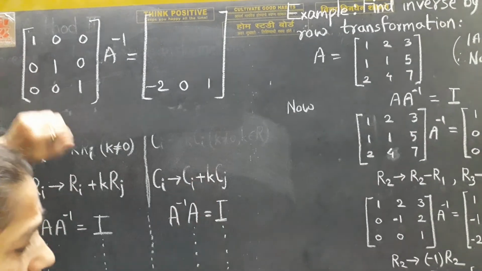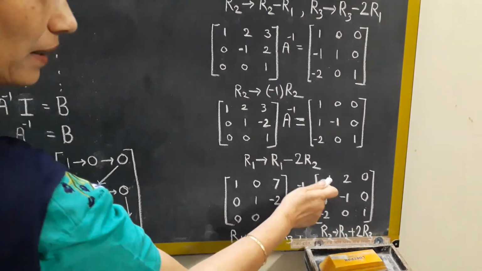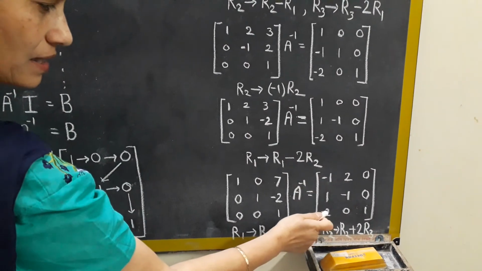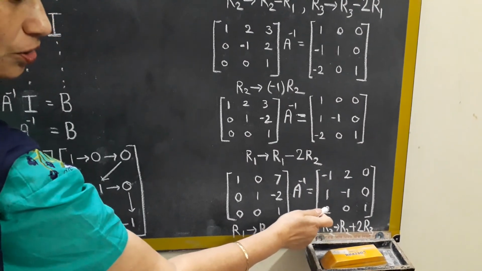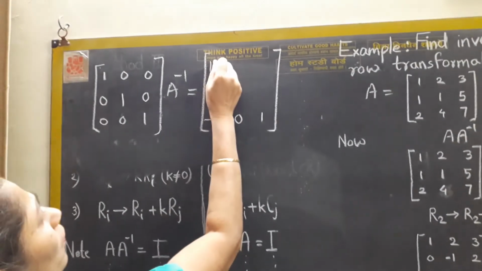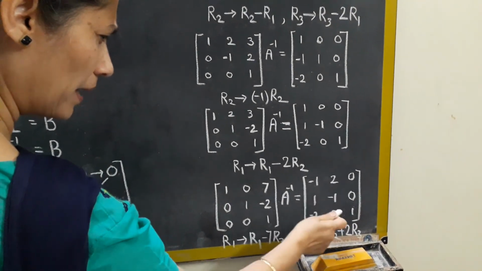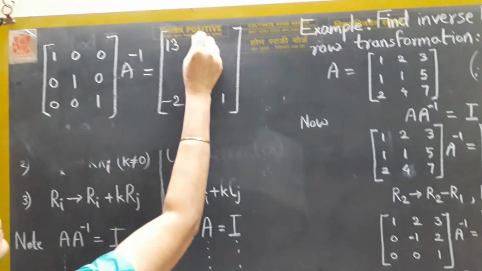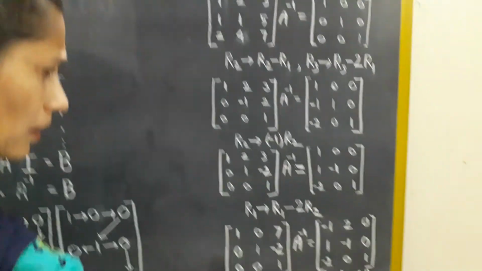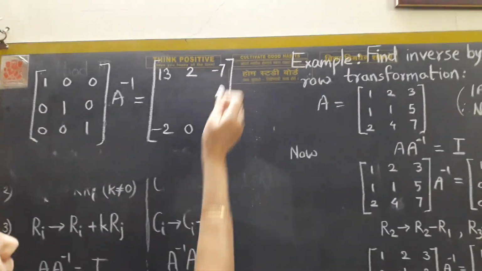And now we will see the R1 minus 7 times. So minus 1 minus 7 multiplied by minus 2 is 14. 14 minus 1 is 13. So I am getting here 13. At the same time, 2 minus 7 times 0 is 2. Then 0 minus 7 times 1 is minus 7.